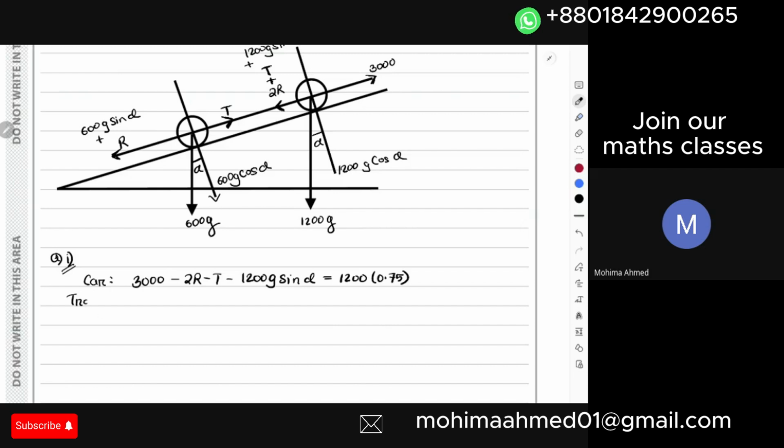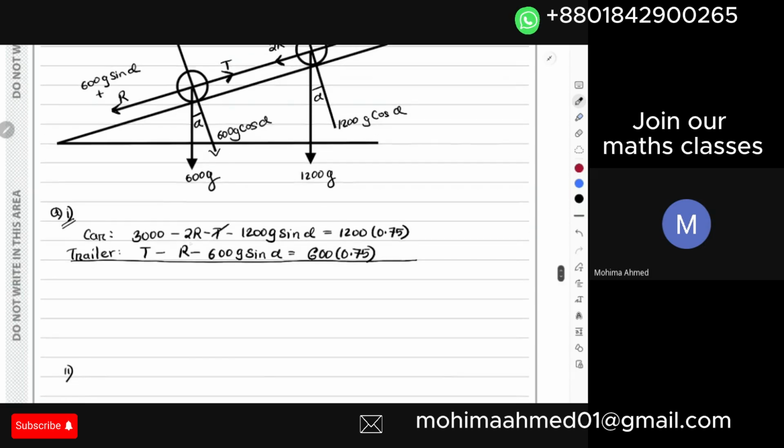Then again, for the trailer, we have to write the same expression: T minus R minus 600 g sine alpha, and then again the same 600 times 0.75, right? Then tension and tension cancel out. You have like 3000 minus 3R.